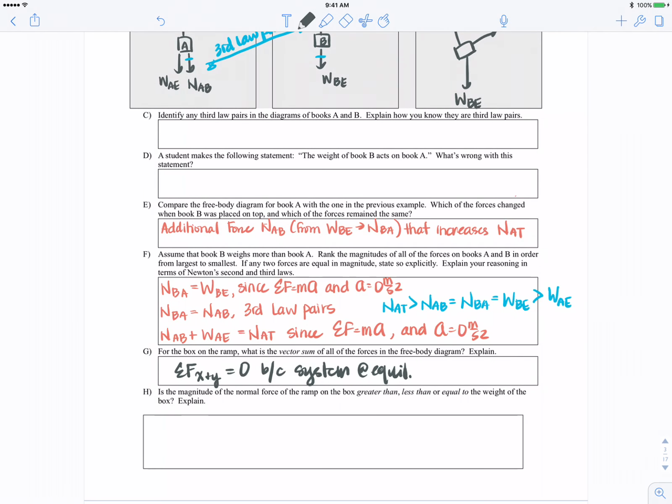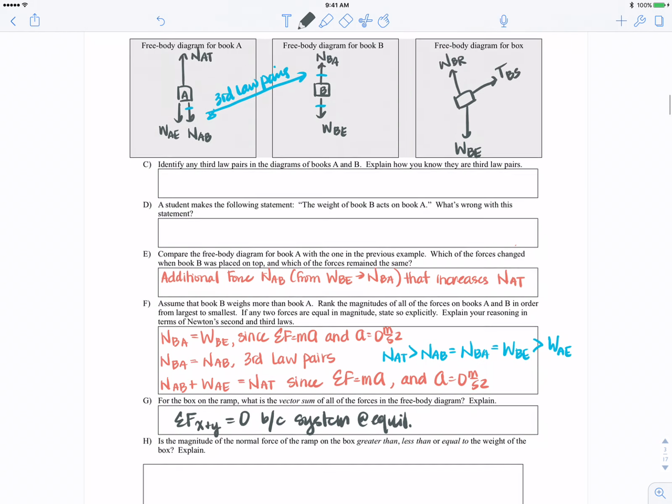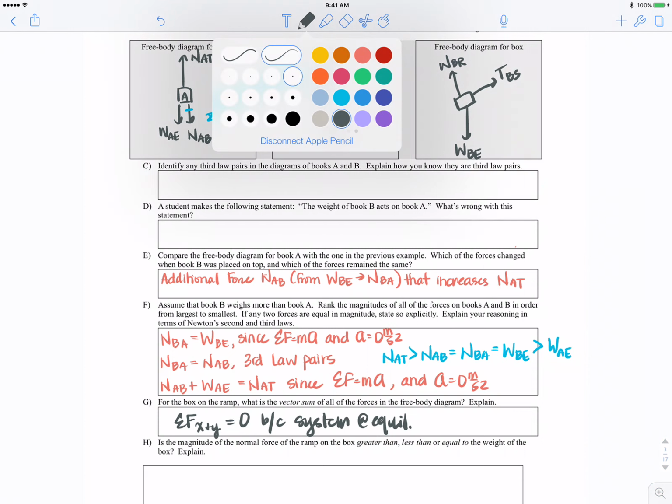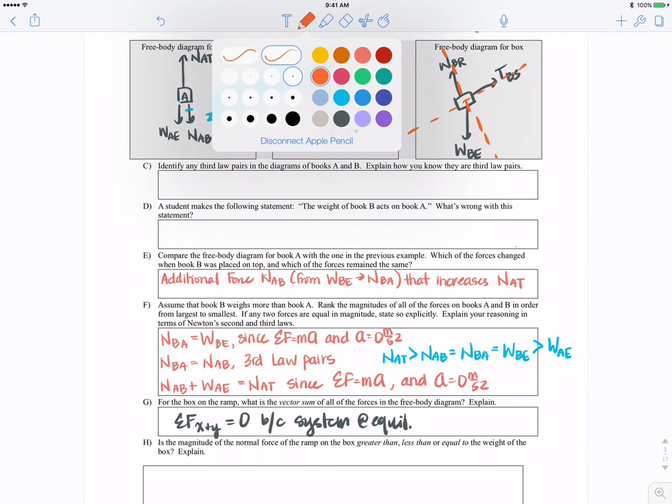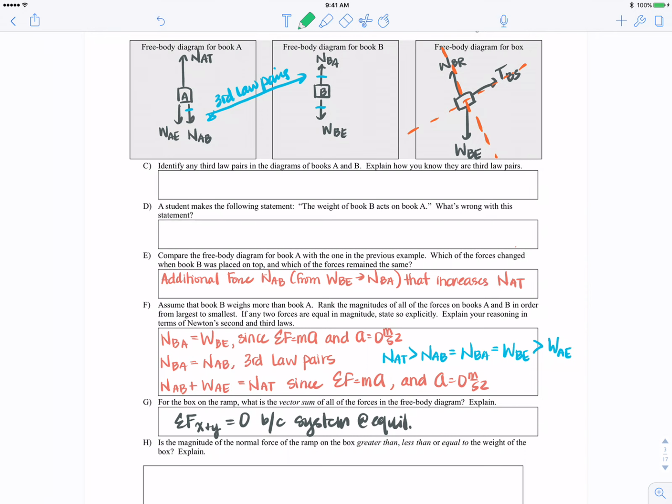Okay, question F said, is the magnitude of the normal force of the ramp on the box greater than, less than, or equal to the weight of the box? Explain. And we said, well, we have to draw the coordinate system such that one of the axes, negative x for us, points the direction that the object would go, which means that we need to resolve the weight force into its components.